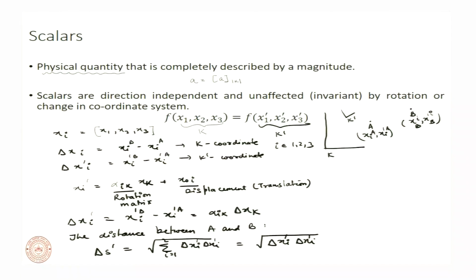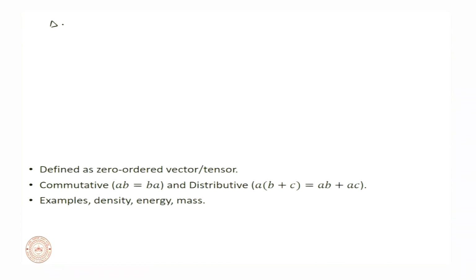Now, go to the next slide. Let us do our transformation of the matrix. We had delta x_i prime equal to alpha_ik delta x_k.